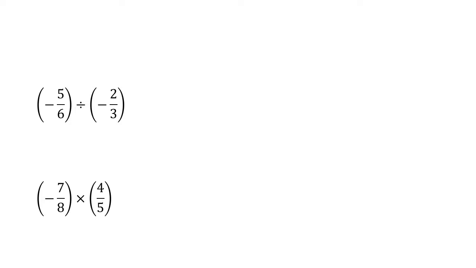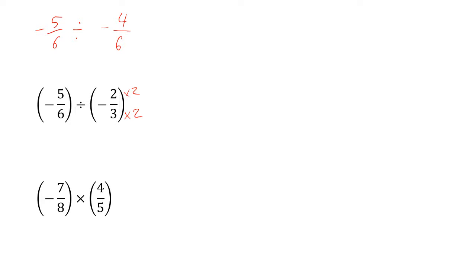You can get a little bit of practice here doing it right here. So we'll do the same thing. Find a common denominator. Now remember, we could multiply them both by 6 times 3 and 3 times 6, but I can just go like this, times by 2, times by 2. Okay, so I'm going to get negative 5 over 6 divided by negative 2 times 2 is 4, 3 times 2 is 6.